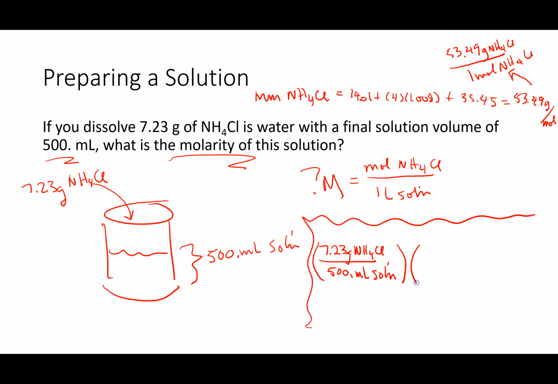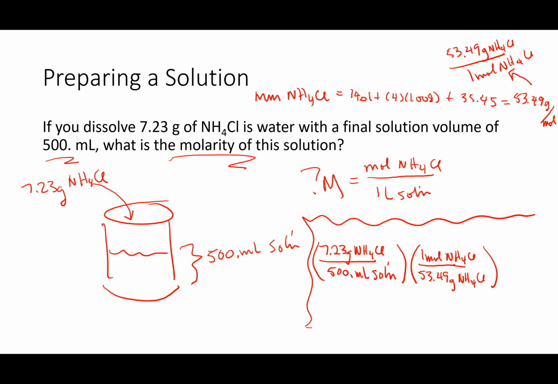How can I use my molar mass to make grams cancel? Yep, flip it. So that up there, the 53.49 grams per mole, I'm going to put down here 1 mole. I'll go ahead and be explicit: 1 mole of NH4Cl over 53.49 grams of NH4Cl.